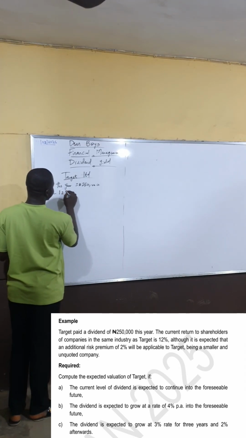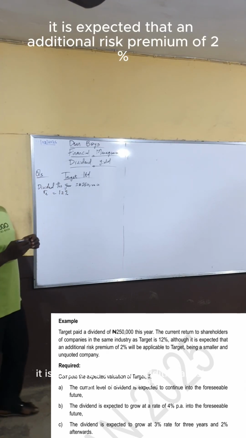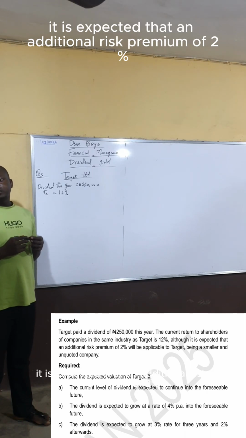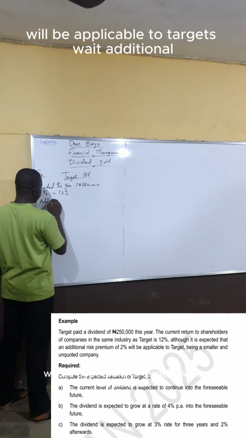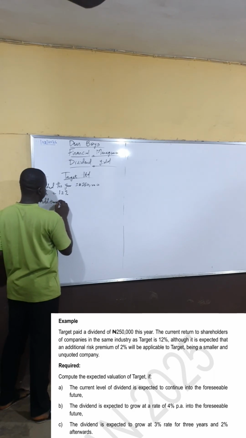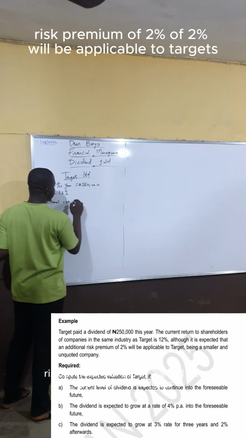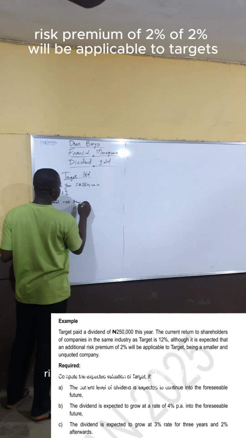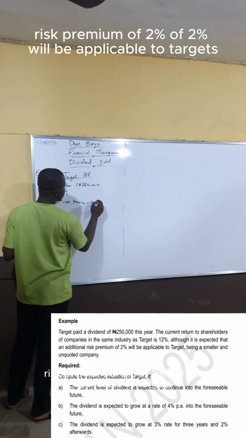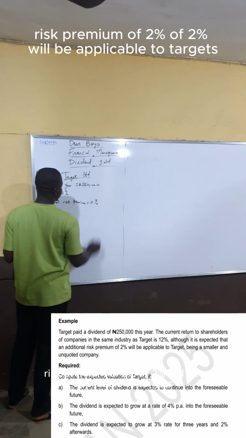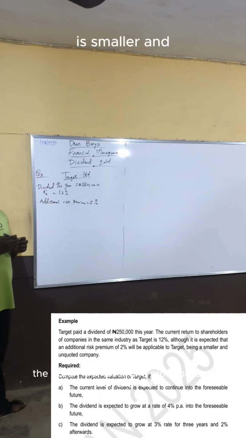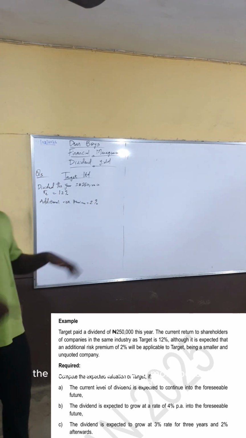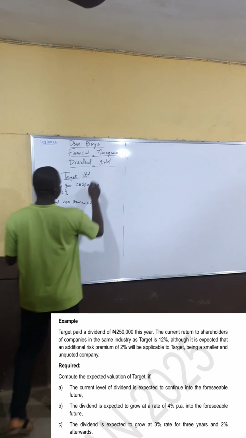Although it is expected that an additional risk premium of 2% will be applicable to target, being a smaller and unquoted company.